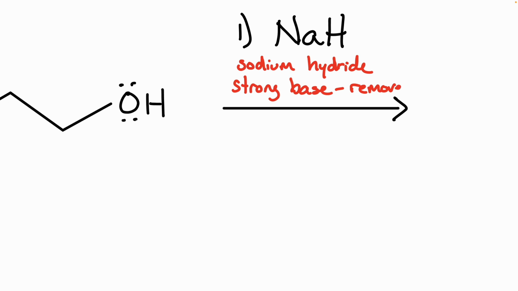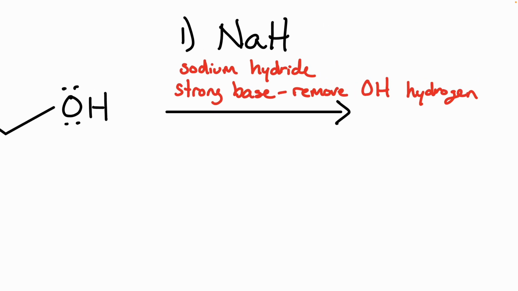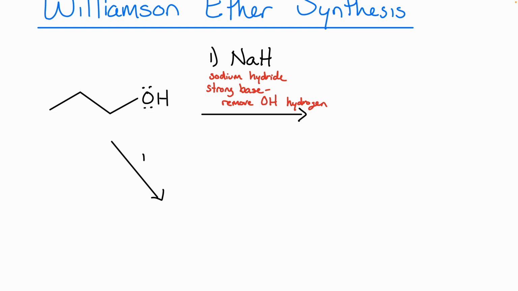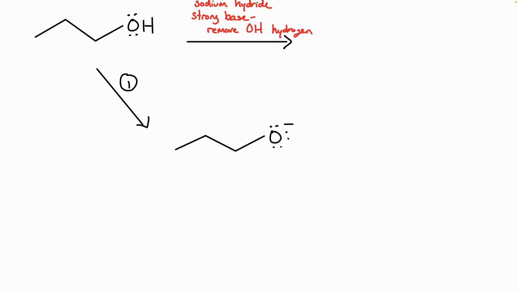And it's going to remove that OH hydrogen. All right, so what happens in step 1 of this reaction is we remove that hydrogen, and we create these really good nucleophiles here, these oxygens that have these negative charges.